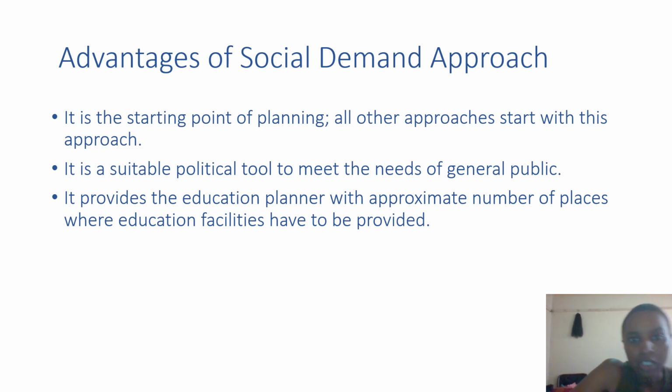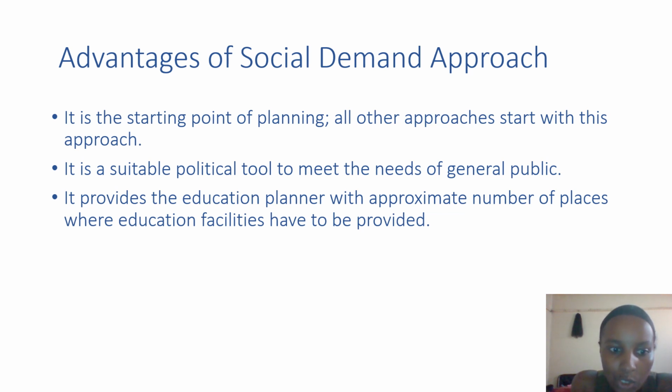We start with the social demand approach, whereby the advantage of using this approach is that first, it is the starting point of planning. All other approaches start with this approach, thus making it of more demand.